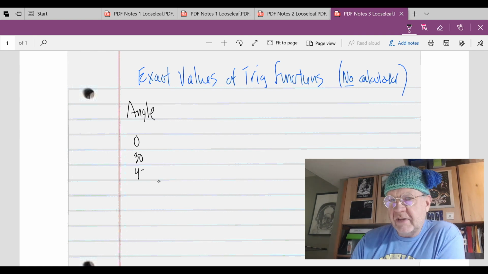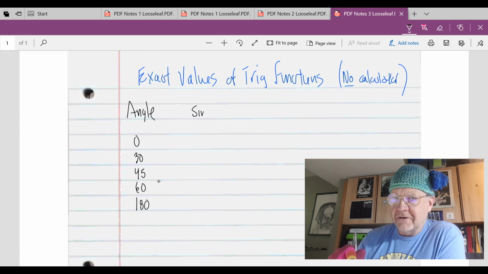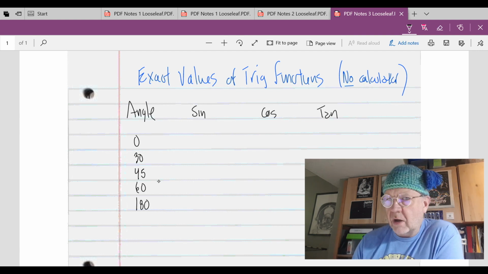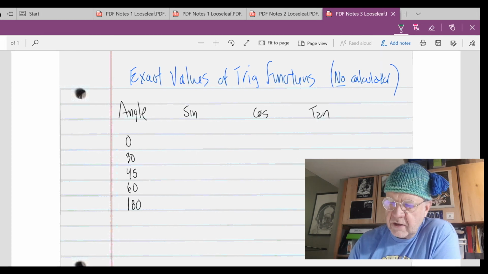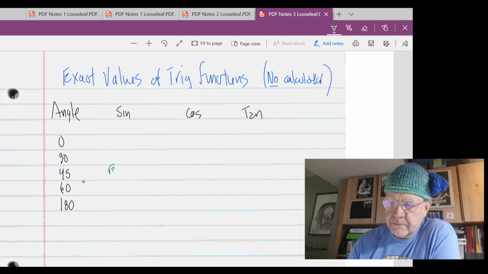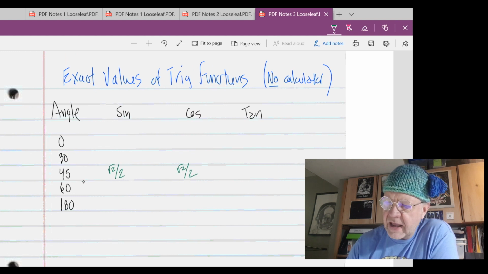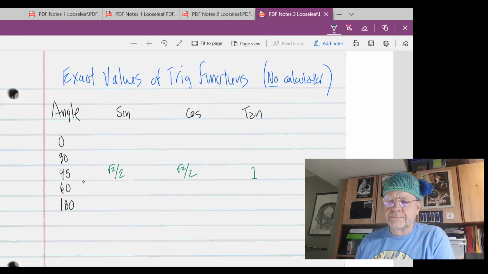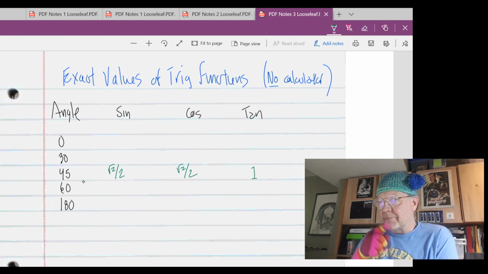Now, we haven't done some of these values yet, but you can imagine that we're going there. So all we know right now are the trig function values for 45 degrees. Sine is root 2 over 2. Cosine of 45 is root 2 over 2. And the tangent of 45 is 1. Cool. Now, that implies a couple things.